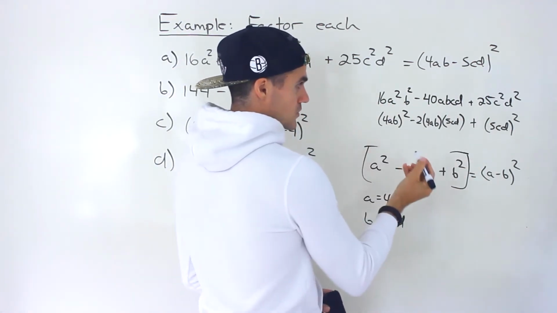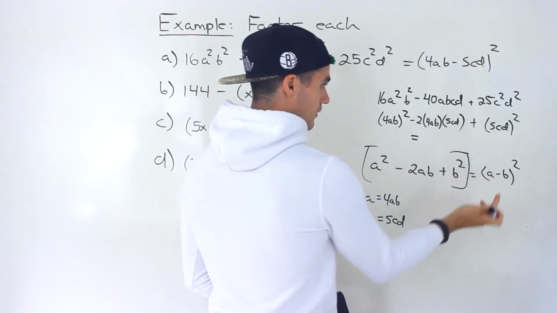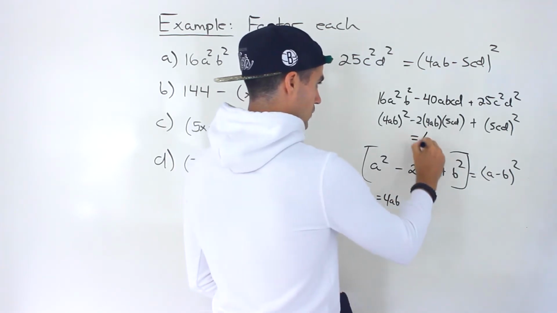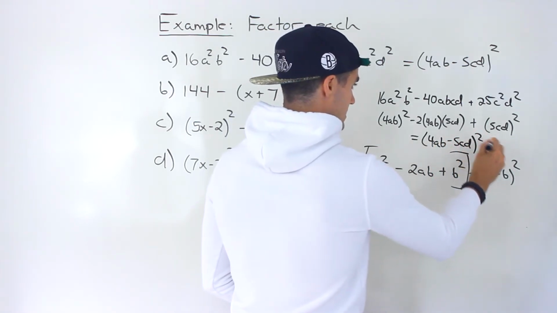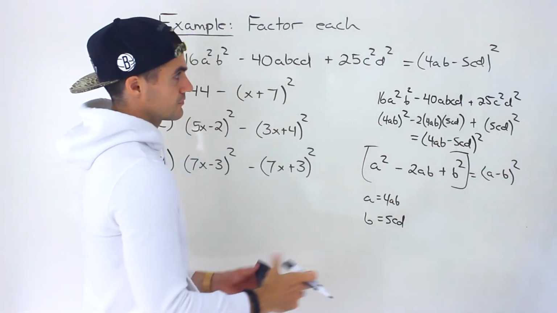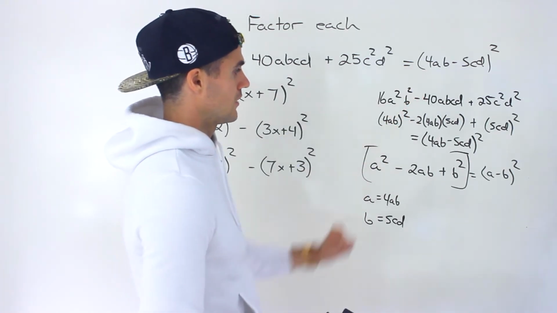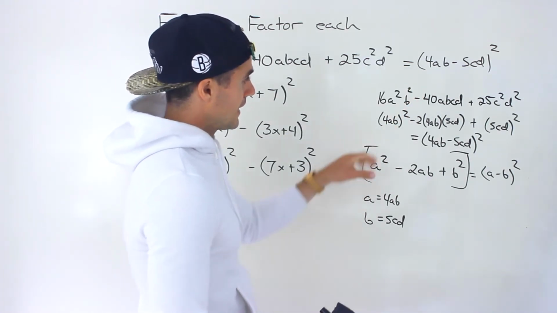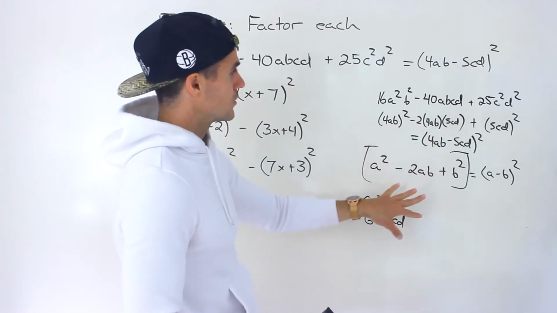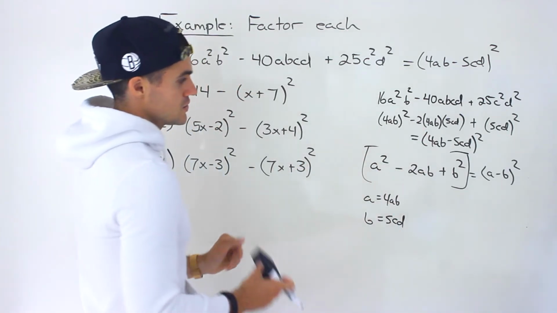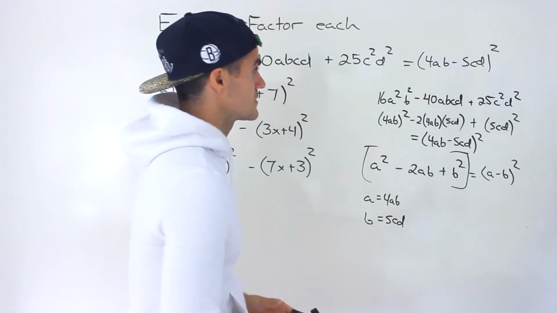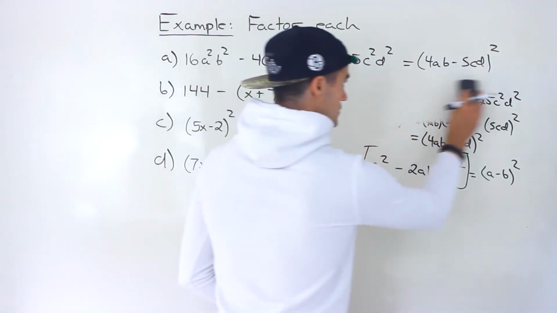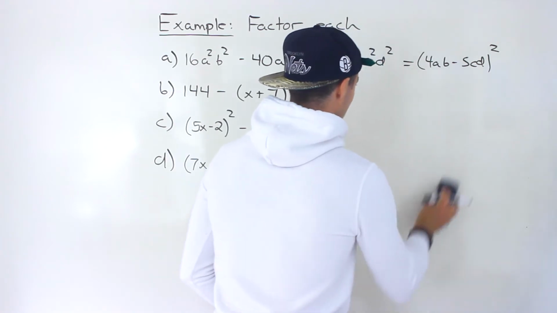Then we know it's a perfect square trinomial, so it's going to factor into that a, which is 4ab, minus 5cd squared, right, which is this over here. But again, if your teacher's not using this formula, you could just ignore that part and just do the decomposition. Whichever way you factor this, it is factoring into that. So just make sure whatever process you're using, you're getting that same value.